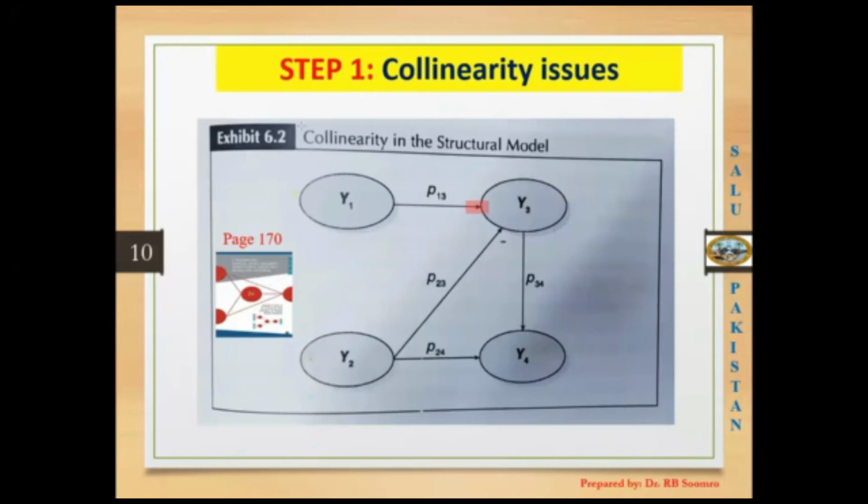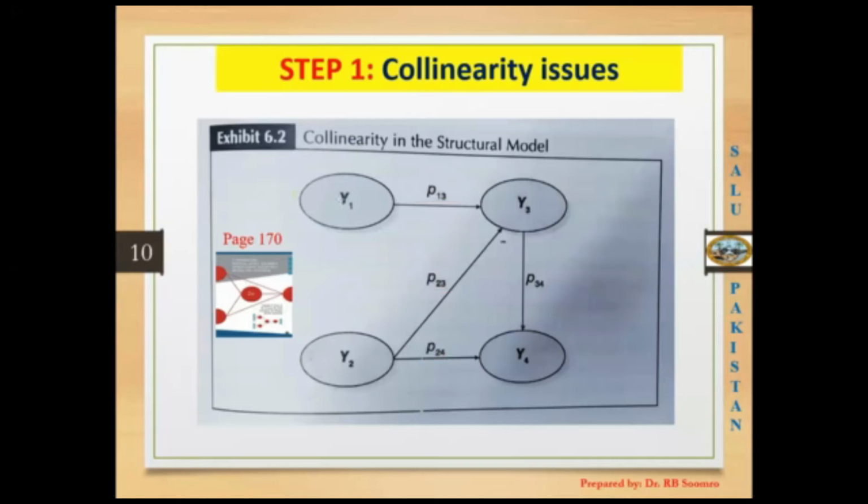This is a collinearity example, example number 6 from this book, where we want to check the collinearity among our different latent variables. These are our different latent variables. We want to check whether there is a high correlation between any two variables or amongst different variables. Here we have path P13, path 23, path 24.